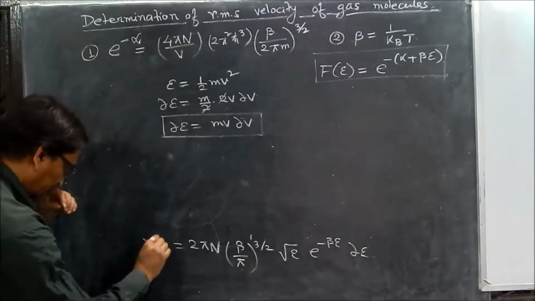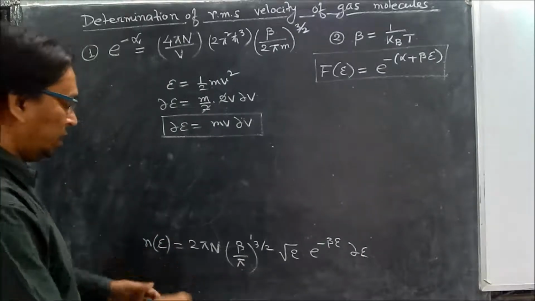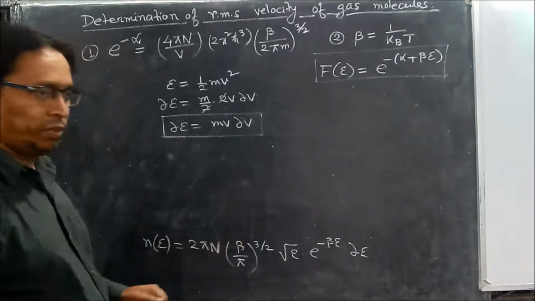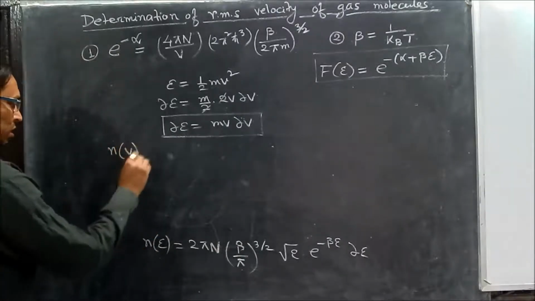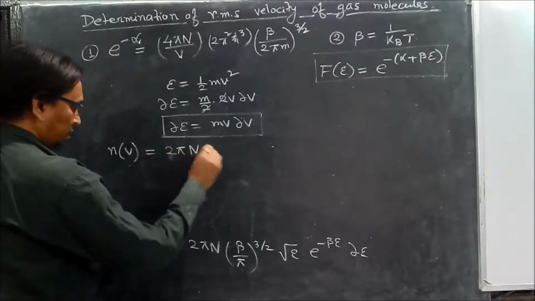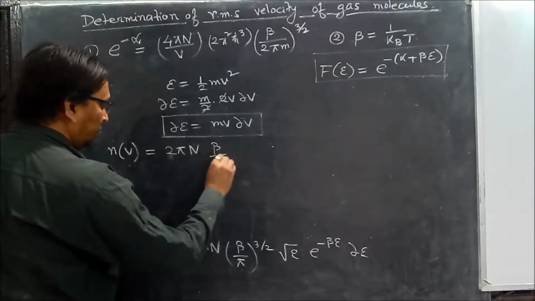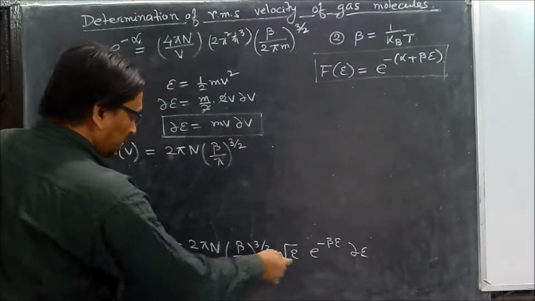So this is actually the number of particles having energy epsilon. Now we are interested in finding the number of particles having velocity v. So the number of particles having velocity v is 2 pi n, because this is constant and will not change, times beta by pi whole to the power 3 by 2, and root epsilon.